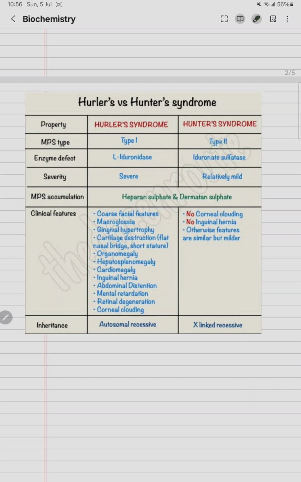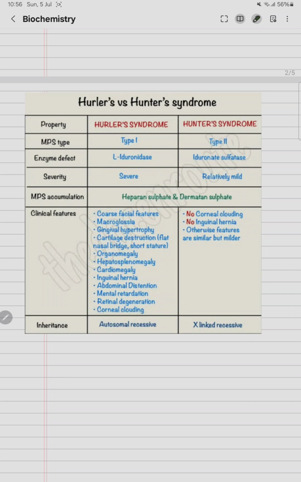Okay. Now the inheritance pattern in Hurler syndrome is autosomal recessive. In fact, all the other mucopolysaccharidoses are inherited in an AR fashion, with the exception of Hunter syndrome, which is inherited in an X-linked recessive manner. Okay, now these are the symptoms. These can be remembered.